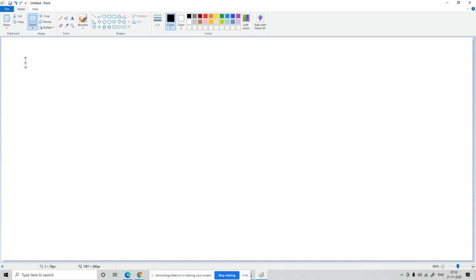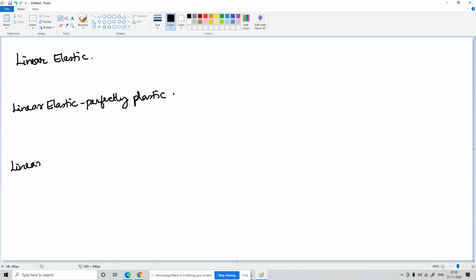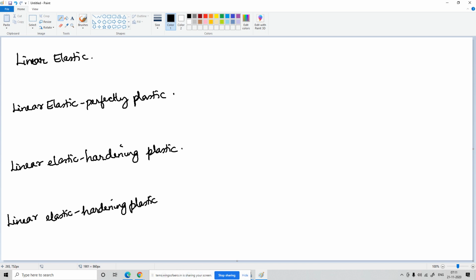One is the linear elastic, then linear elastic perfectly plastic, then we have linear elastic hardening plastic, then we have linear elastic hardening plastic with unloading.